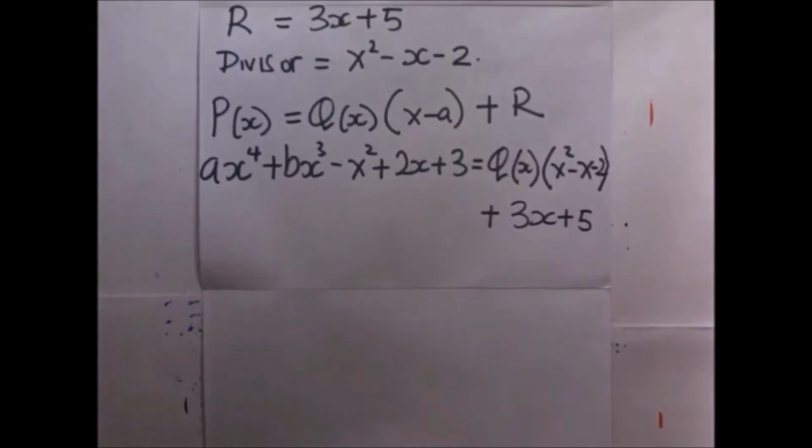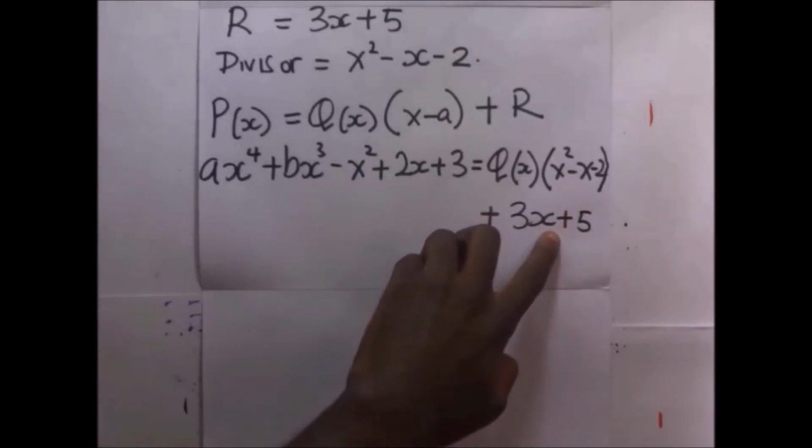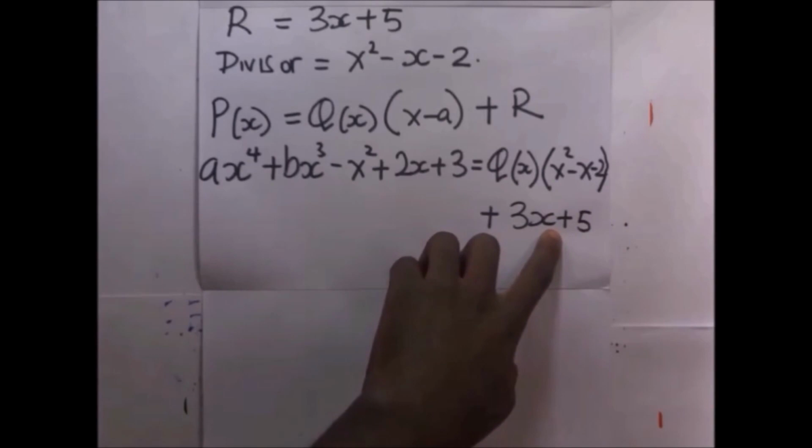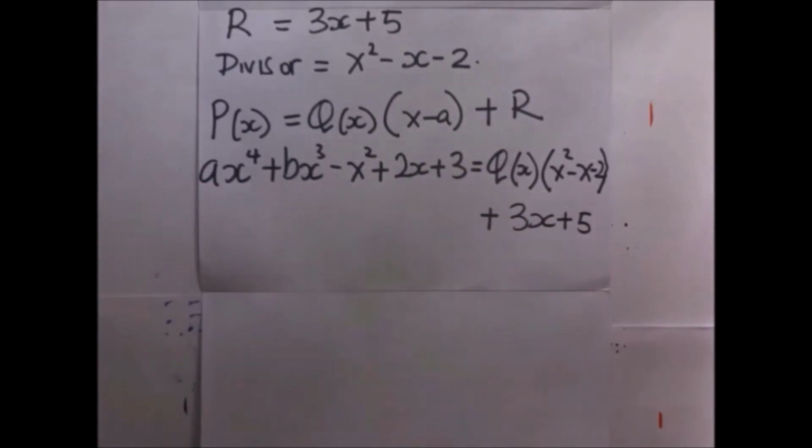So our polynomial is saying that ax to the power 4 plus bx cubed minus x squared plus 2x plus 3 is our quotient times our divisor plus the remainder. They're asking us to find the values of a and b in this polynomial.